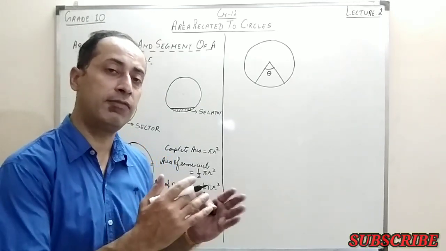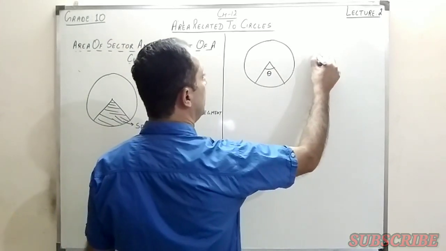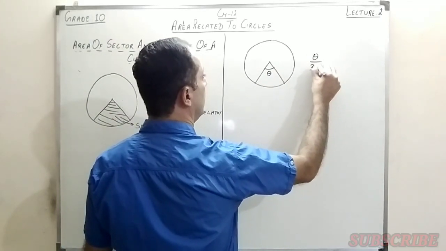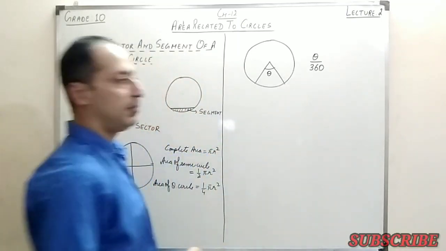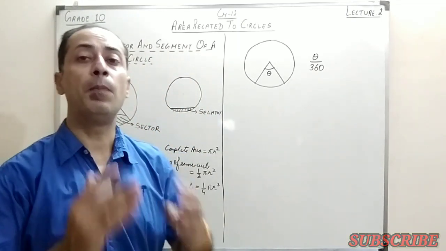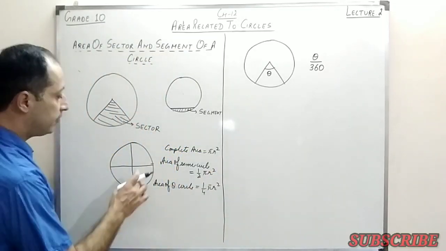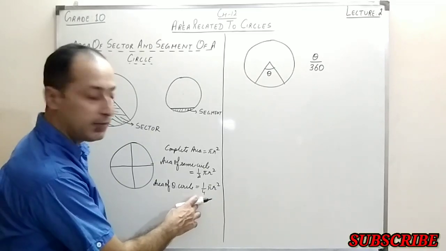What fraction does it form? This portion will be equal to theta by 360, because this is the complete angle and this is some part, right? Using this fraction, if this was 1/4, it becomes 1/4.